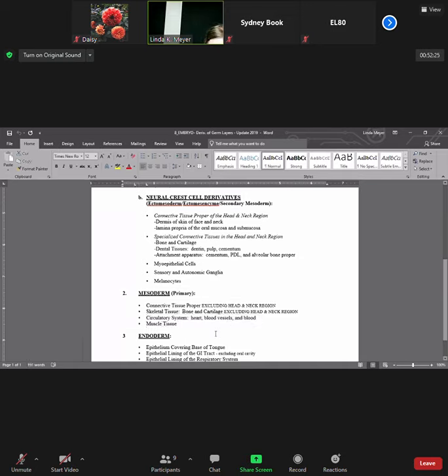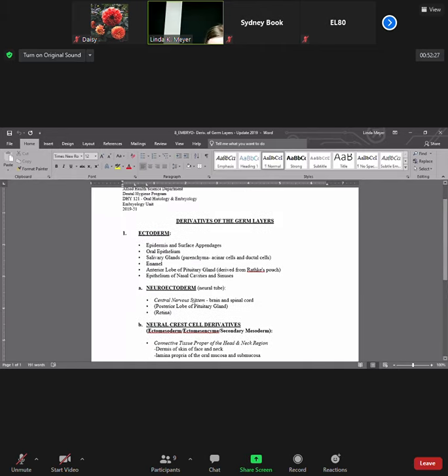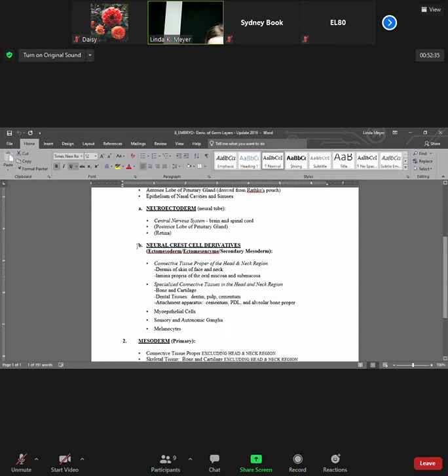Just to put them in groups: ecto, think epithelium on the outside, and the neural crest is going to be all of the connective tissues in the head and neck, which is all of the dental tissues except enamel, and all of the attachment apparatus, all of the bones.